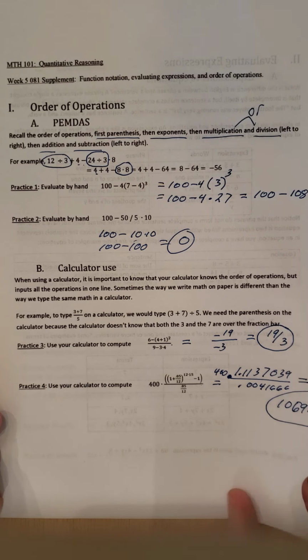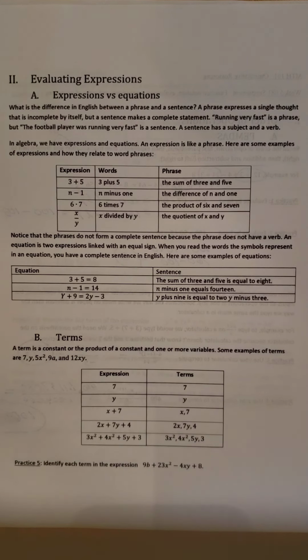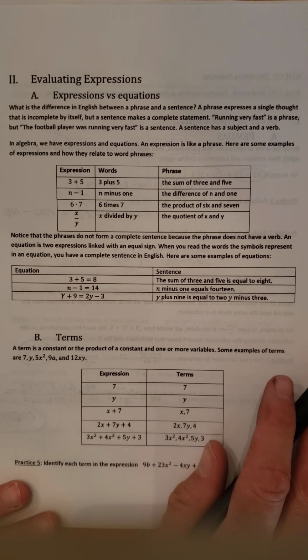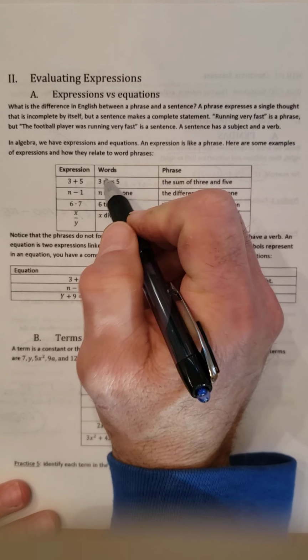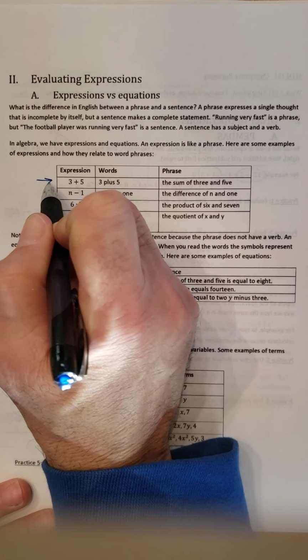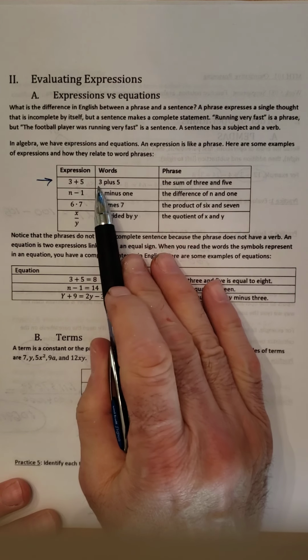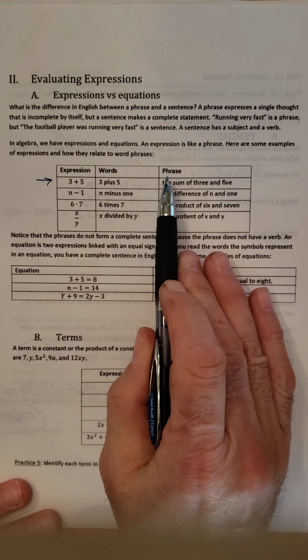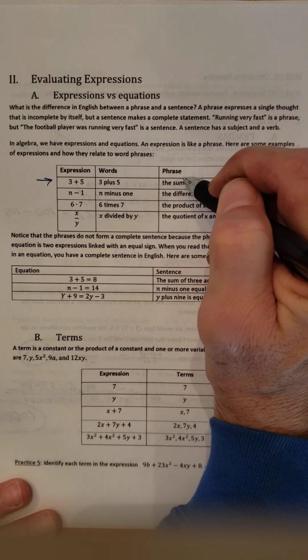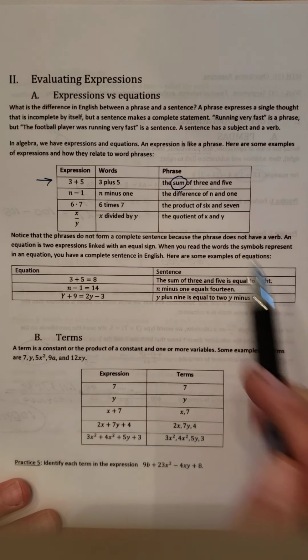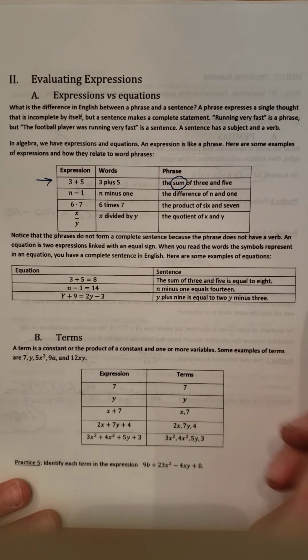All right, then we get into evaluating expressions. Some of the words you're going to need when you're doing these things. This is 3 plus 5, so that's how we would say it. Another word that means addition is sum. So the sum of 3 and 5.